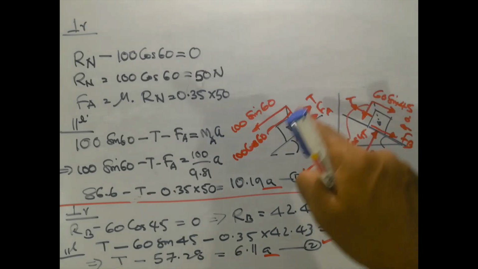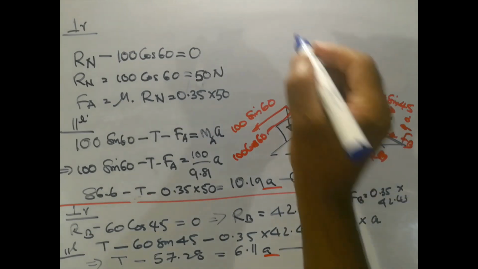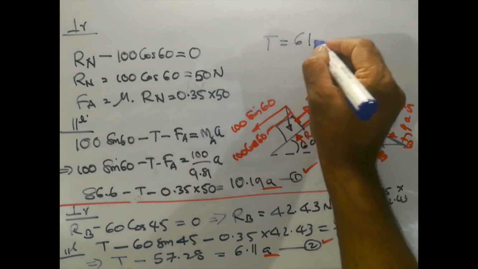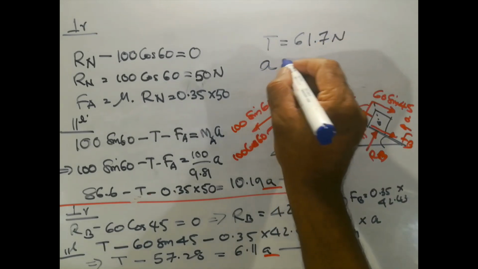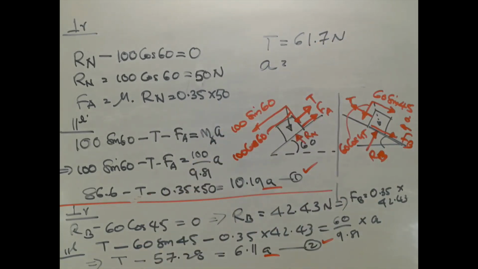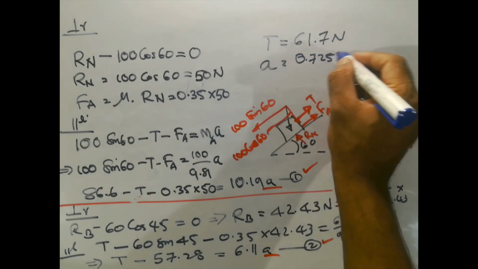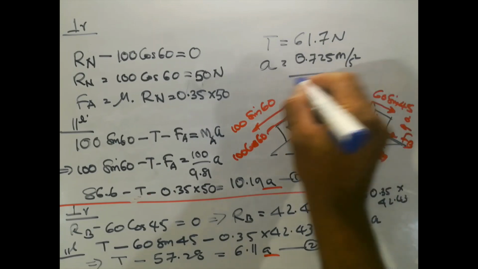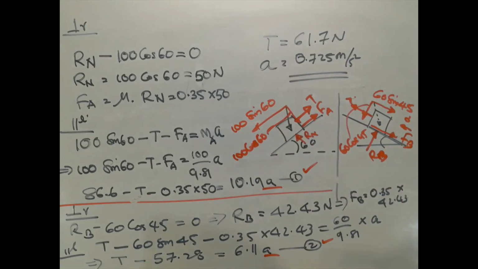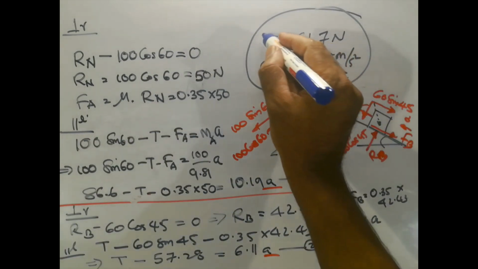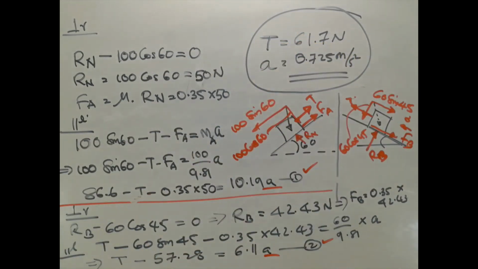When we solve these two equations, we will get T equal to 61.7 Newton and A equal to 0.725 meter per second square as the answers. So the tension in the string T will be equal to 61.7 Newton and acceleration is equal to 0.725 meter per second square.